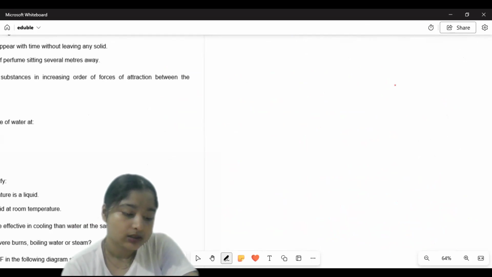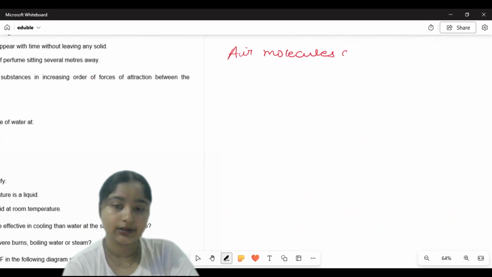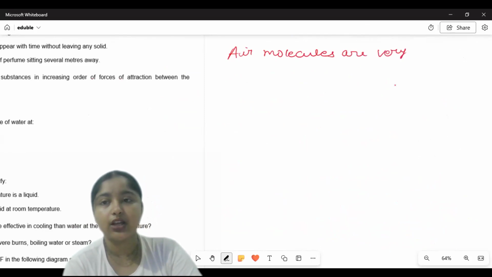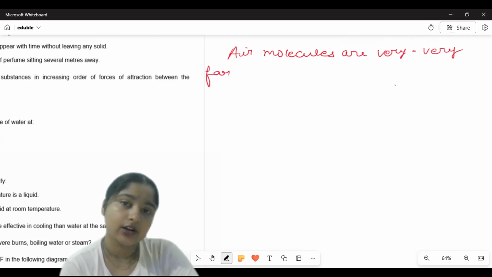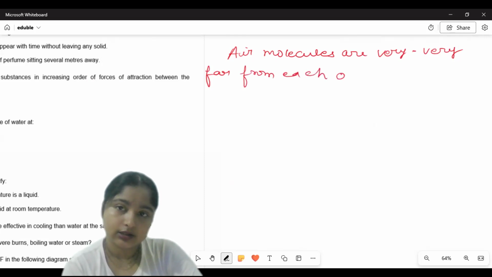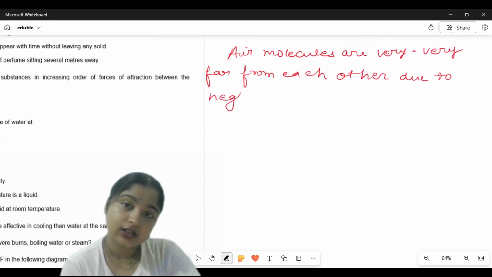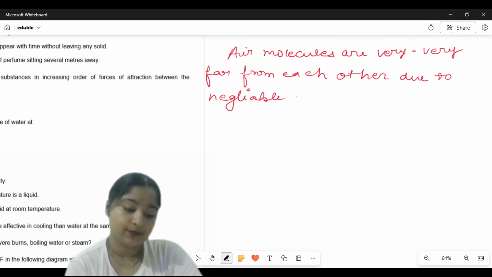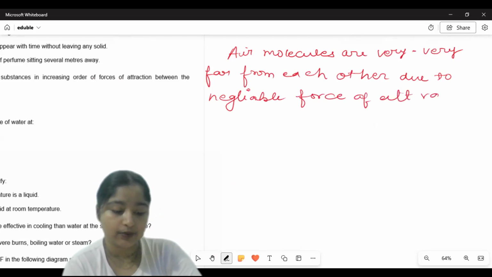So, in air, molecules are very, very far from each other, right? Due to the negligible force of attraction.